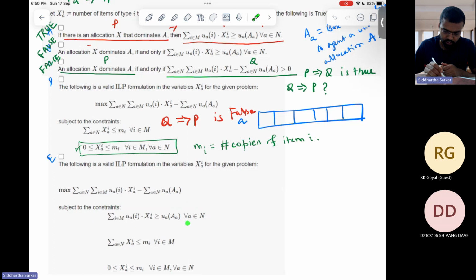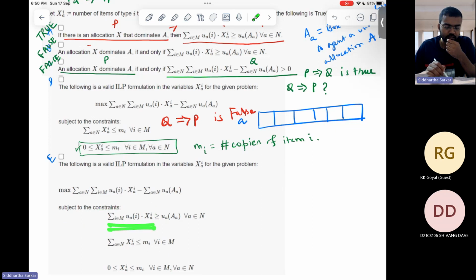So it is saying that consider an agent. So for this agent, you take the sum of all items, and this is the utility obtained by this agent if the ith item is allocated to him. And this is the multiplier, that how many items of type I have been allocated to him. So this is basically the overall utility the agent A has obtained.